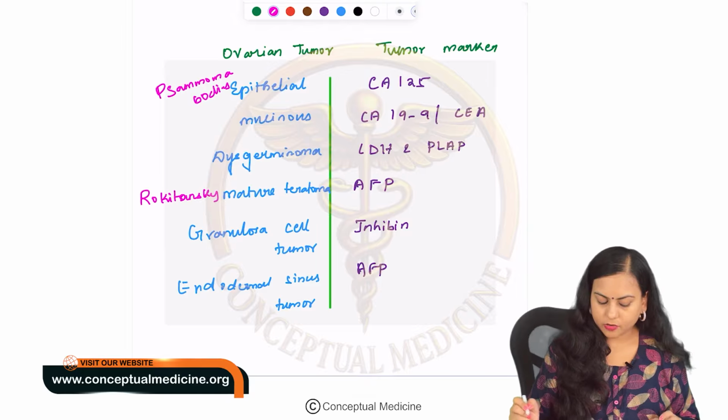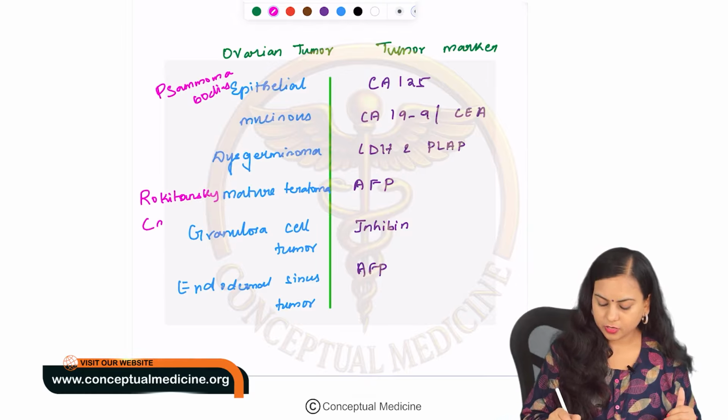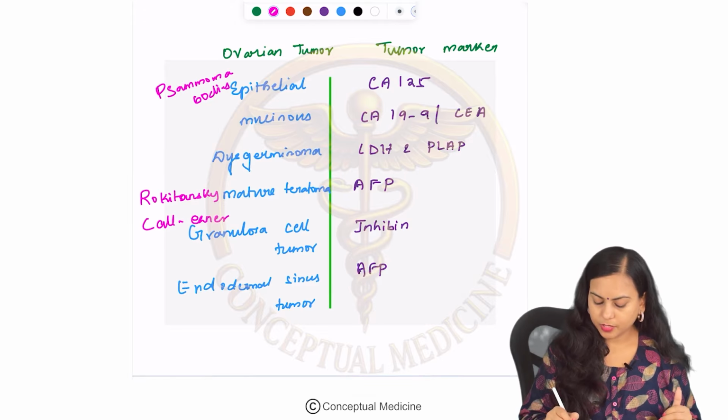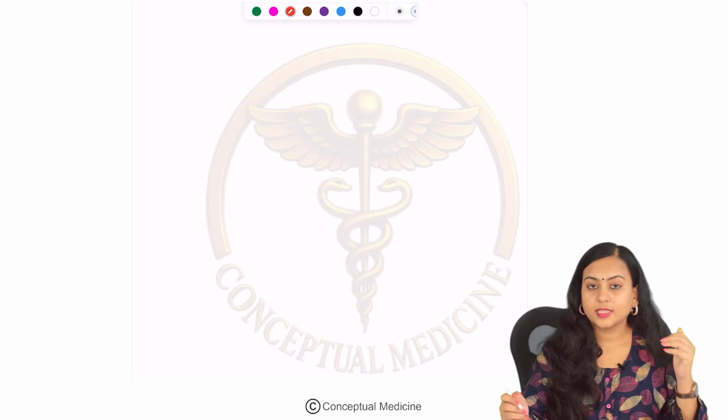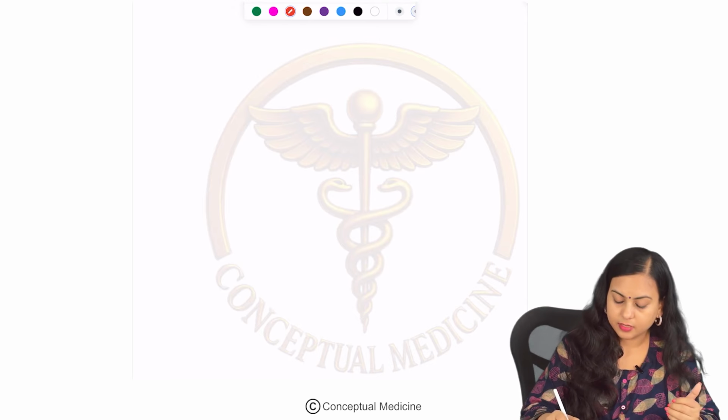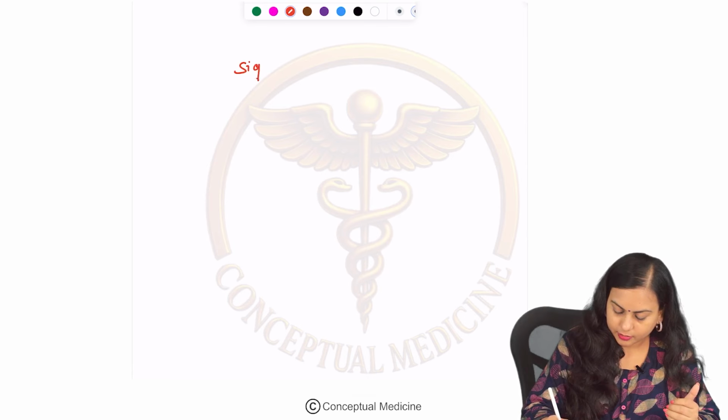In granulosa cell tumor, it is your Call-Exner body. Endodermal sinus tumor, it is your Schiller-Duval body, right?